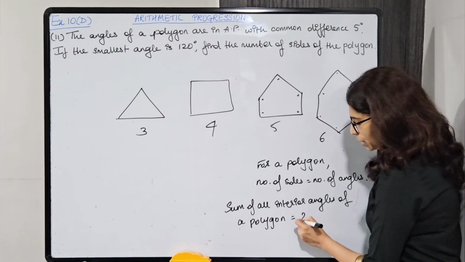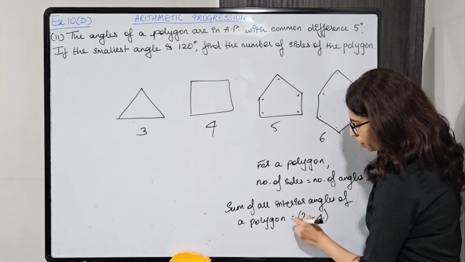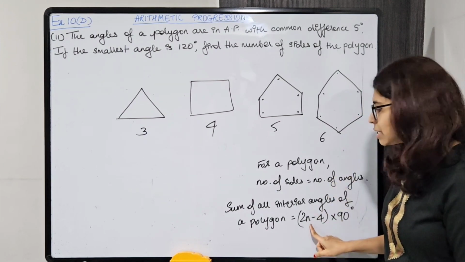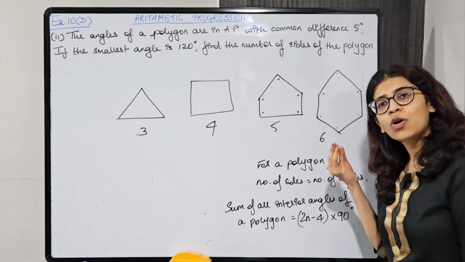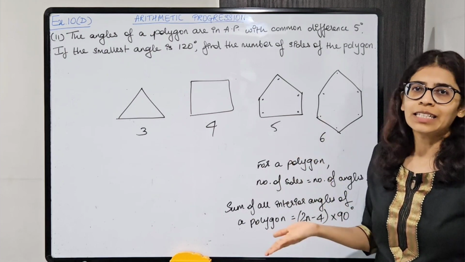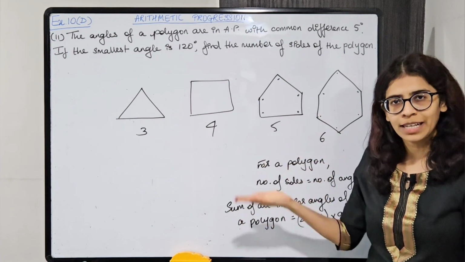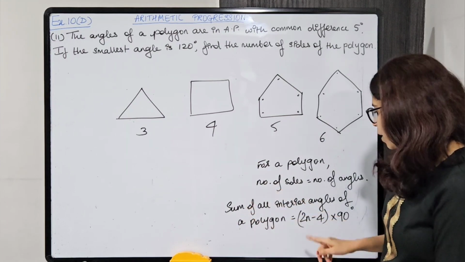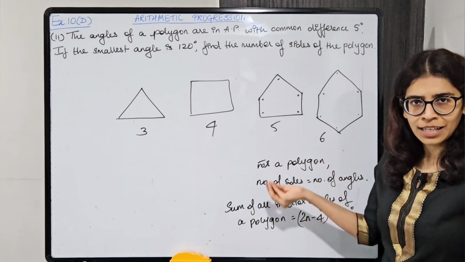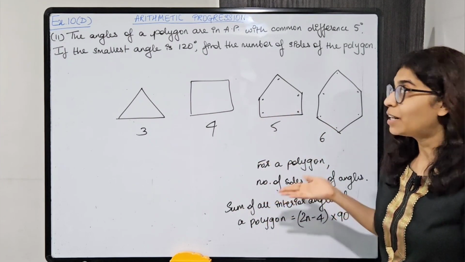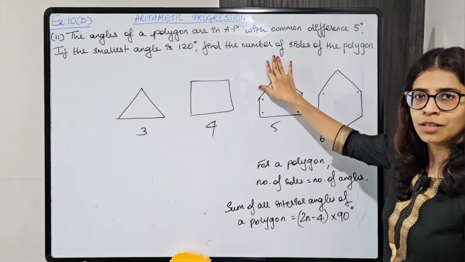It is 2n minus 4 into 90. Okay, where n is the number of sides. Now we know that the number of sides is equal to the number of angles. Okay, if there are 5 sides then there are 5 angles, 10 sides then 10 angles. Okay, so n here represents the number of sides. That is, it also represents the number of angles. Okay, but here in the question we are interested in number of sides.